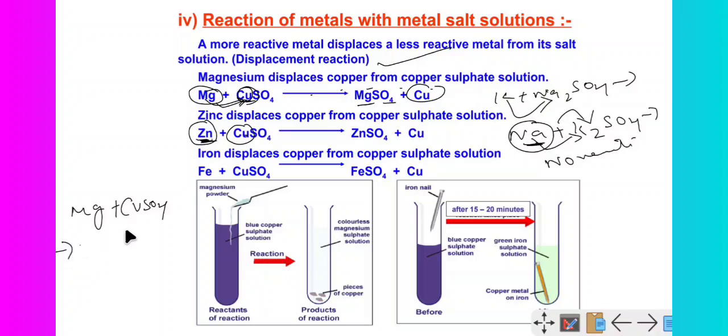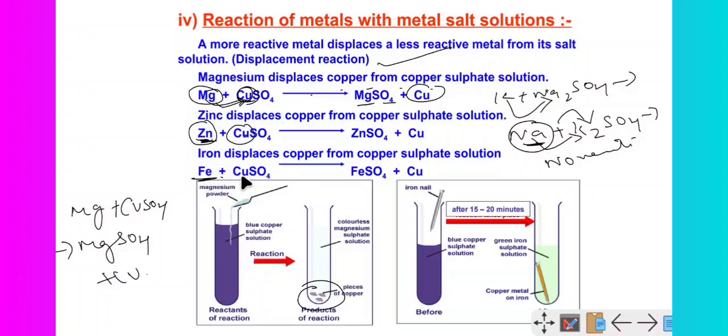After a few minutes, magnesium sulfate is formed and copper is what? Liberated. So the color of copper sulfate has changed, and you can clearly see the pieces of copper in the picture.